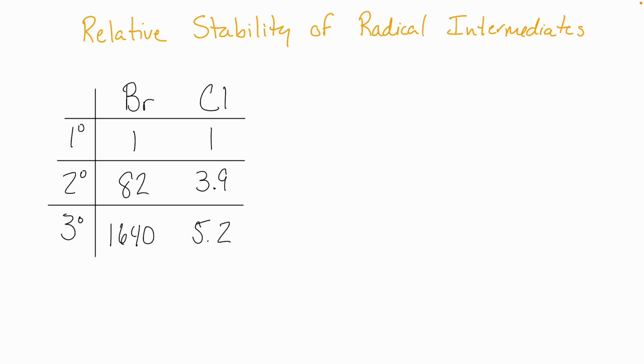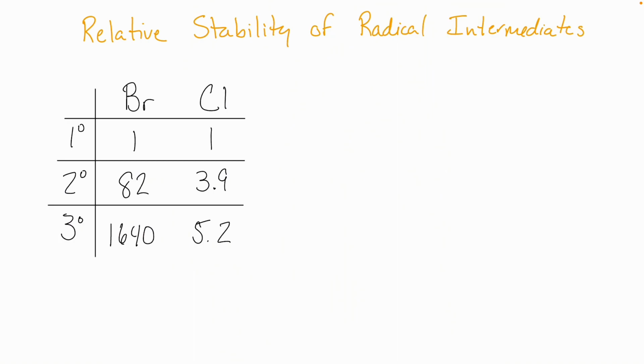So what this is saying is that if you're going to use chlorine in this reaction, relative to that primary alkyl radical, a secondary is about 3.9 times more stable, and a tertiary is 5.2 times more stable. Notice that when you use bromine, those numbers are greatly increased, right?